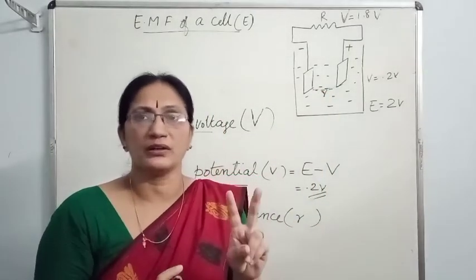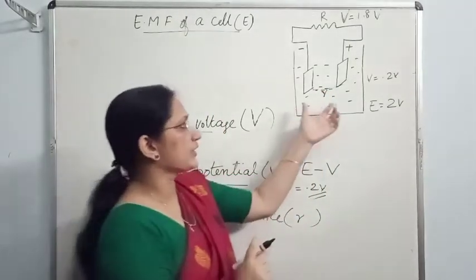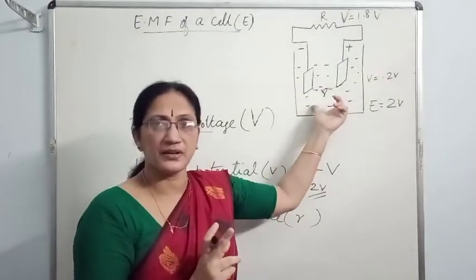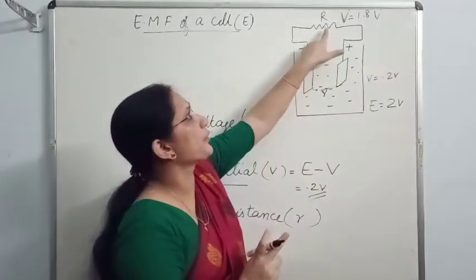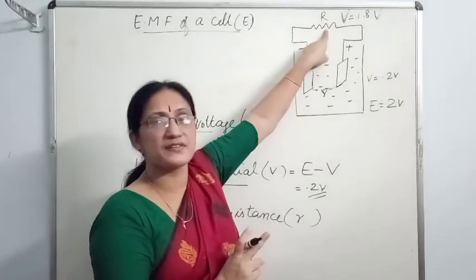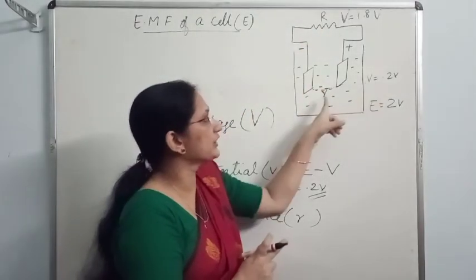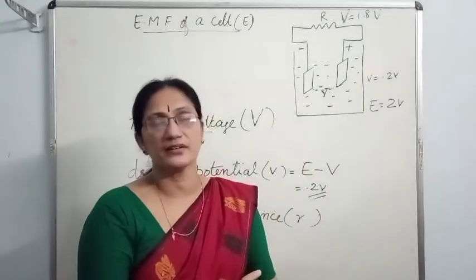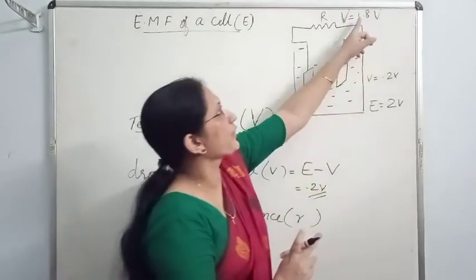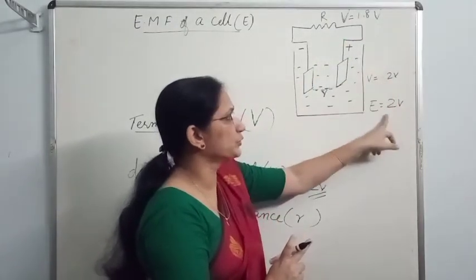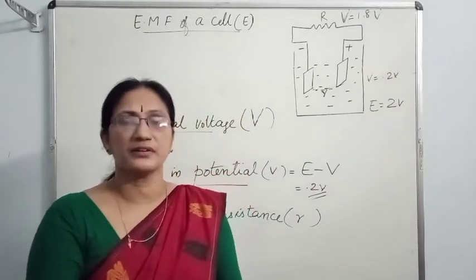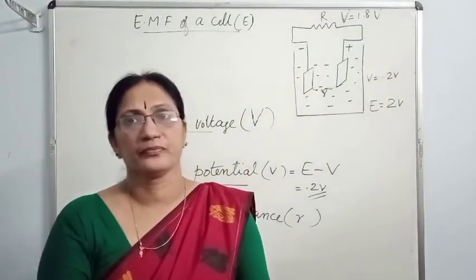So of the 2 volt potential difference or EMF the cell has, 1.8 volt is given to the external resistance, and 0.2 volt is given across this internal resistance. So 1.8 plus 0.2, 2 volt potential difference the cell is providing.